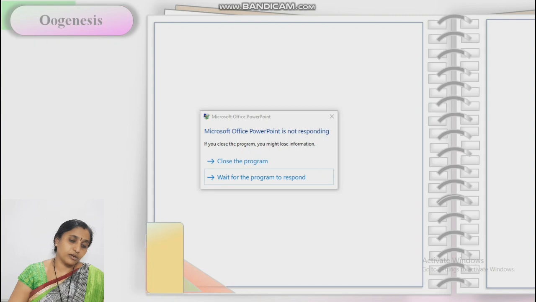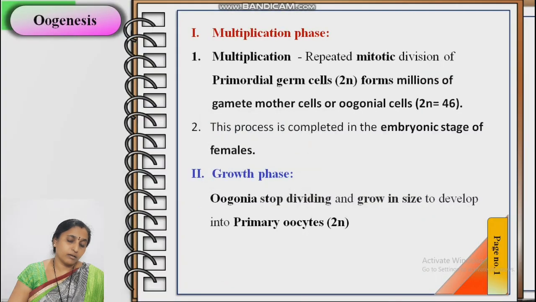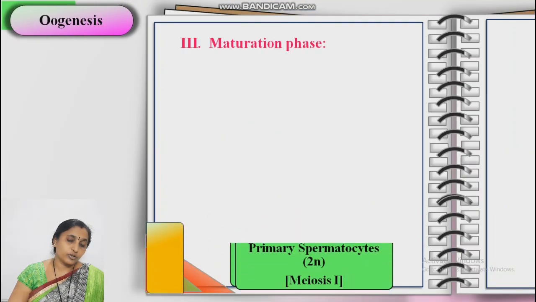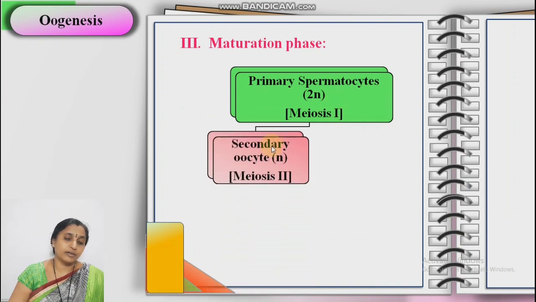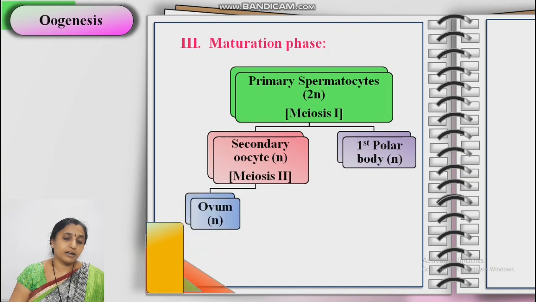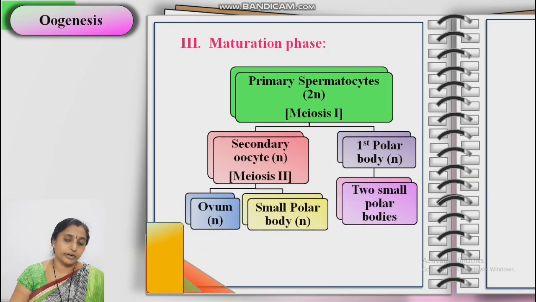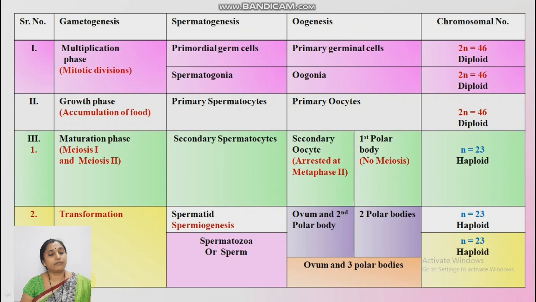The primary oocyte further undergoes maturation phase. It undergoes meiosis 1 and forms a haploid secondary oocyte and another small cell, the first polar body, which is also haploid. The secondary oocyte undergoes meiosis 2 and forms an ovum and a small polar body, and the first polar body also divides into two smaller polar bodies. In this way, three polar bodies and one ovum are formed.